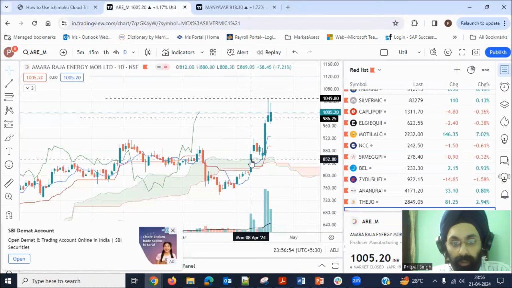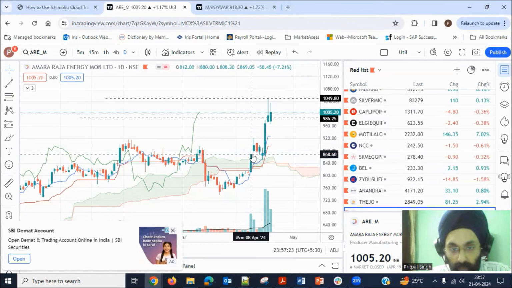So here a very strong candle closed above the cloud. On the previous day, the price was below the cloud, and on the very same day, it crossed the cloud and closed above the cloud. So this is a very strong bullish signal, and according to our strategy, it is time to enter the trade.